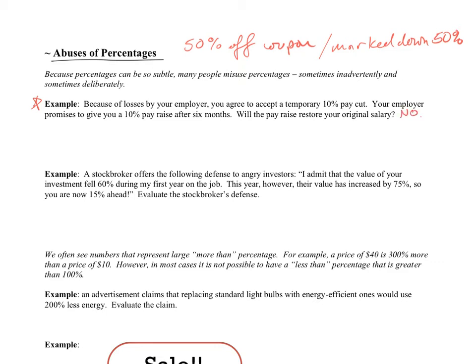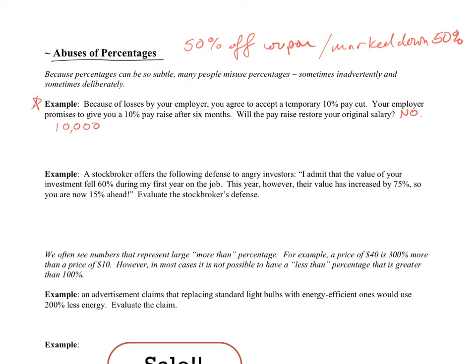So here's the math behind it to prove it. Let's say just for a month you make $10,000, and usually 10,000 is such a great number to pick for any of these scenarios.